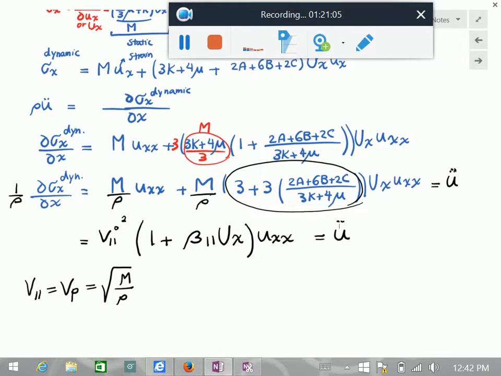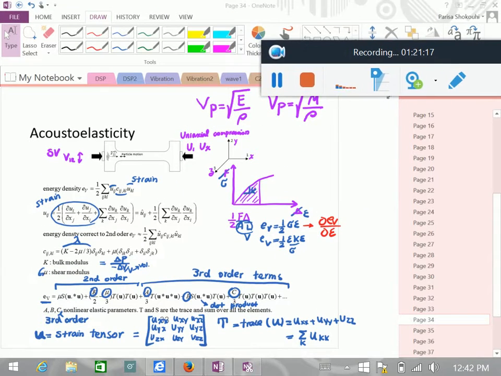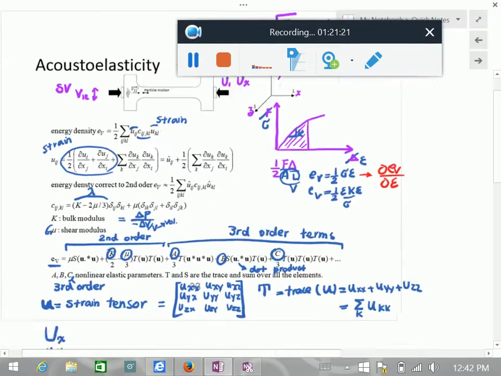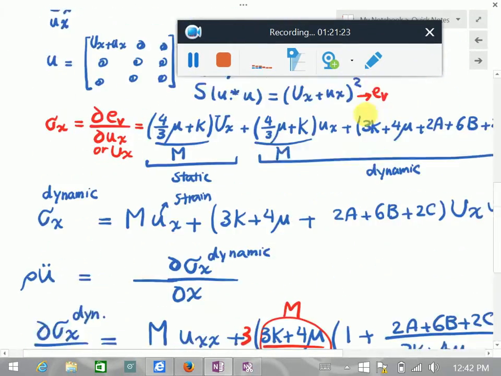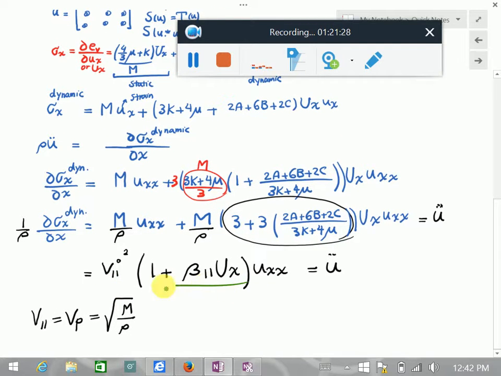So this is wave equation, isn't it? You have u double dot on one side, and then uxx on the other side. So what relates the derivative with respect to time and with respect to distance is, what is this quantity that I'm looking at? It's the velocity when I have ux squared.